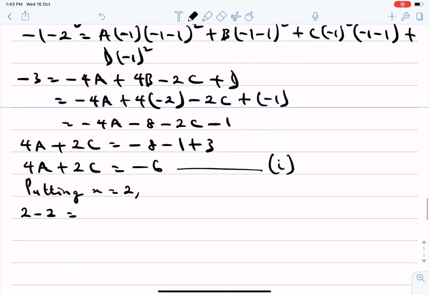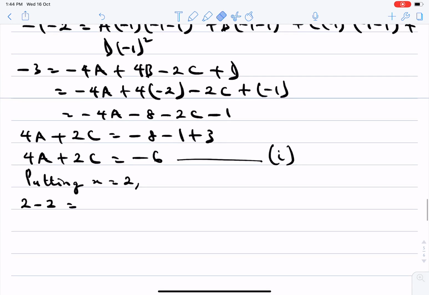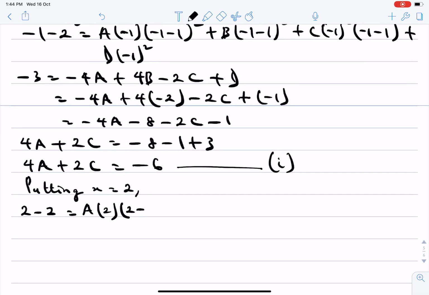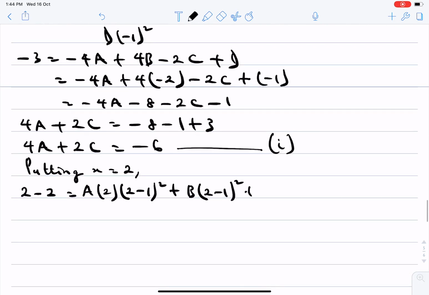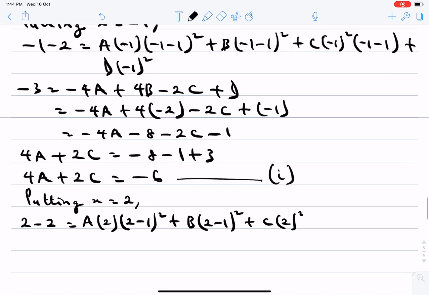2 minus 2 equals 8 times 2. a times 2 times 2 minus 1 squared plus b times 2 minus 1 squared plus c times 2 squared times 2 minus 1 plus d times 2 squared.